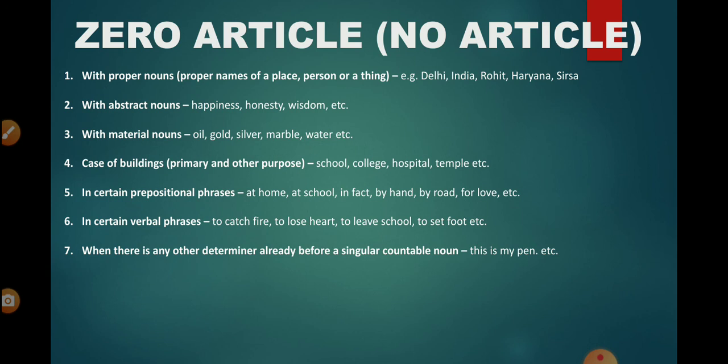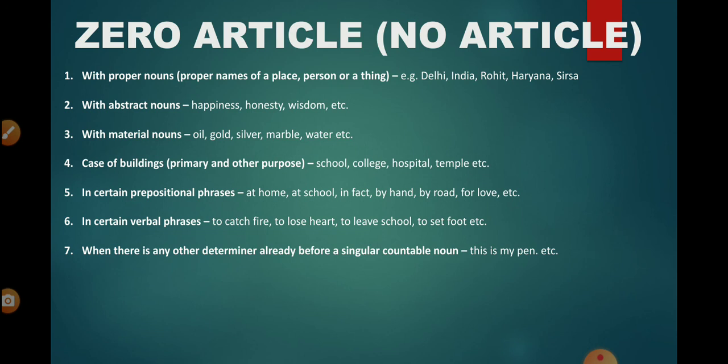This rule says that with the common names of buildings we use zero article if the sentence gives the sense that the persons are using those particular buildings for what they primarily exist. We don't make use of any article.